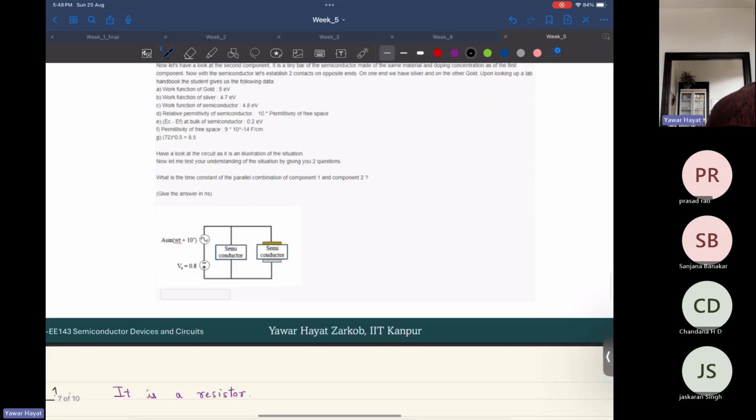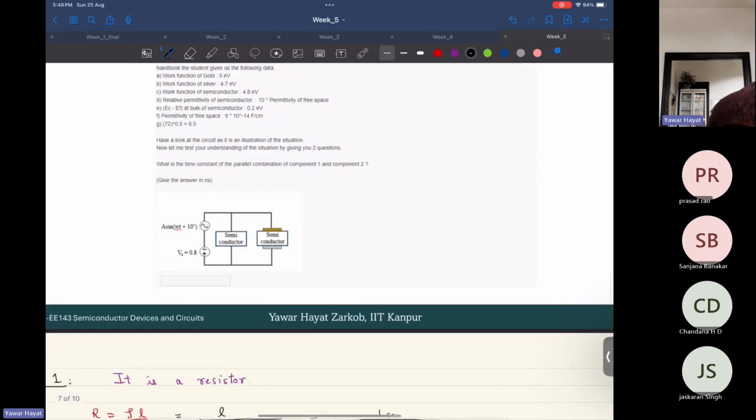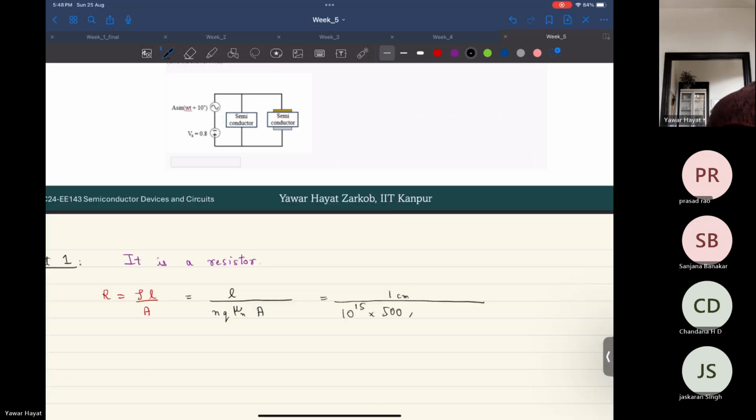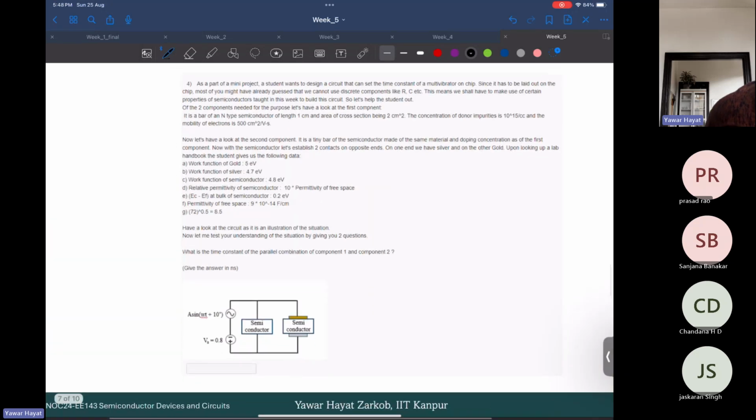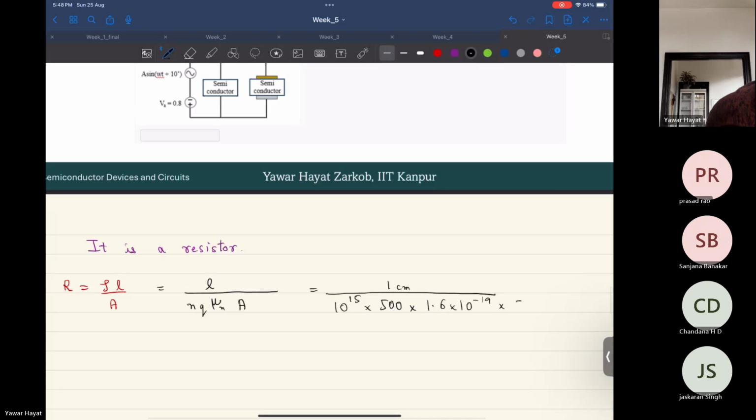And your mobility is 500. And what else? Unit charge, that is 1.6 into 10 to the power minus 19, times the area, and area of cross section is 2 centimeters square.